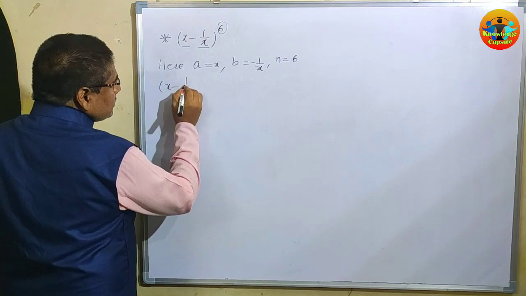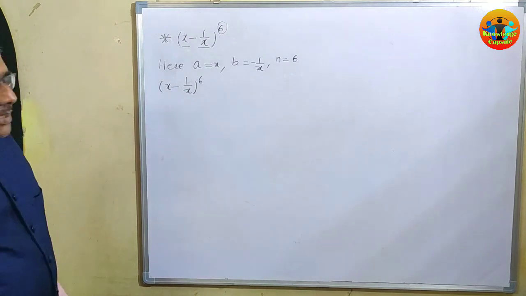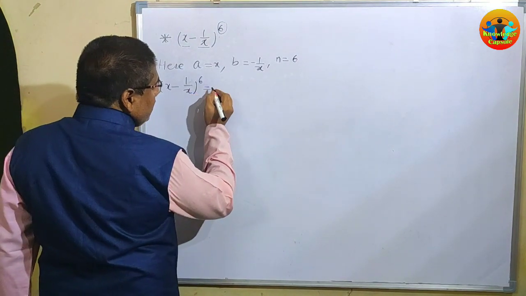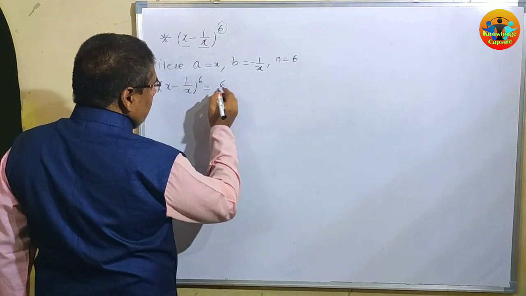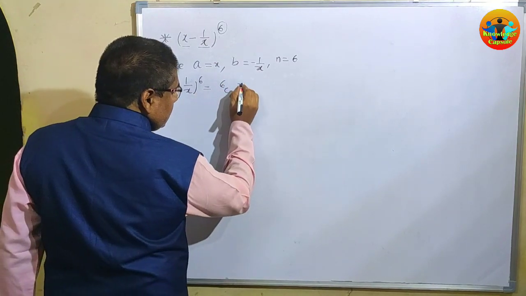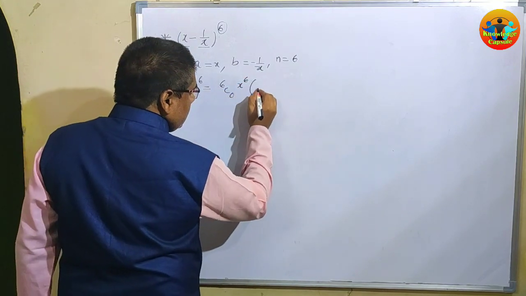By using binomial expansion, we can write x minus 1 by x whole raised to 6 is equal to nC0, that is 6C0, a raised to n, x raised to 6, b raised to 0.